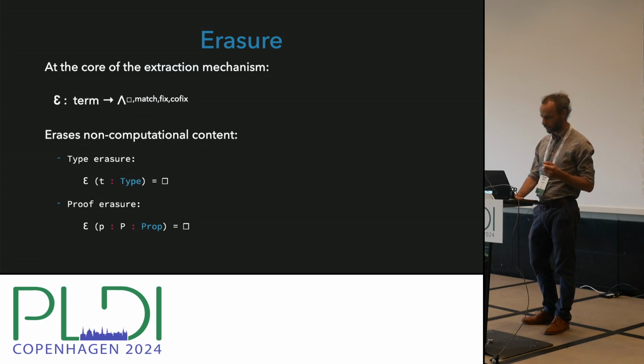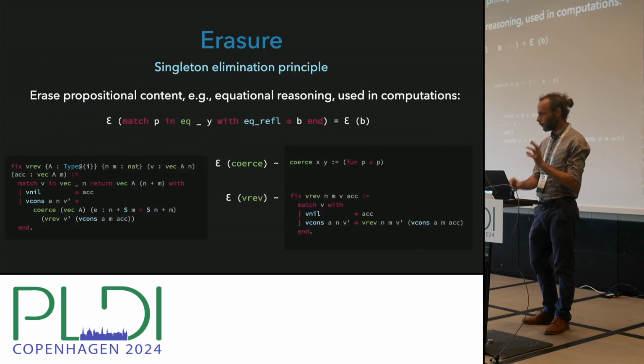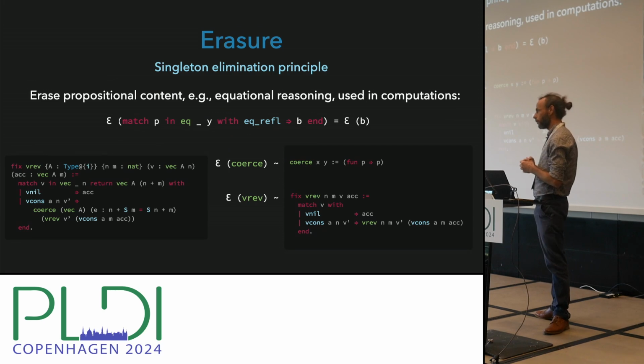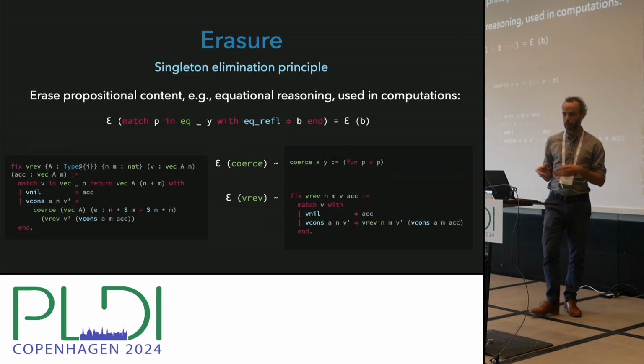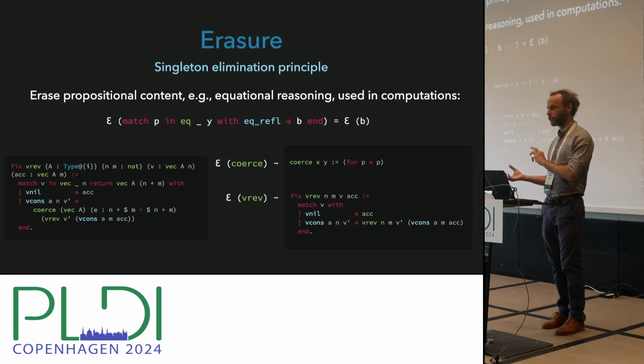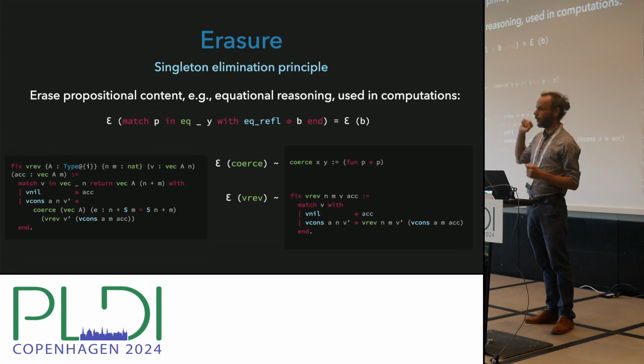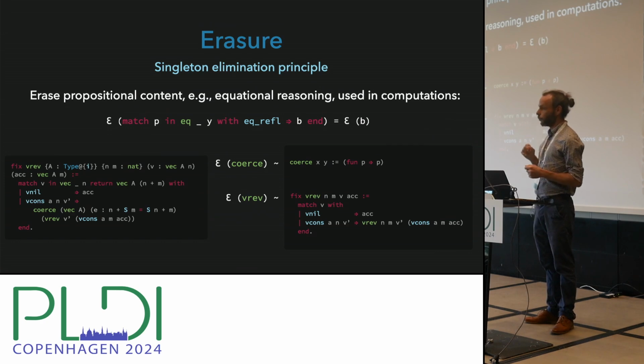but also all proof terms, so objects p of type P, which is a proposition. There is one particular point where erasure is subtle, which is when we have an interaction between the propositional and computational world, typically when we eliminate an equality, which happens when we want to cast an object from one type to another. We are pattern matching on an equality value, but producing a computational value.